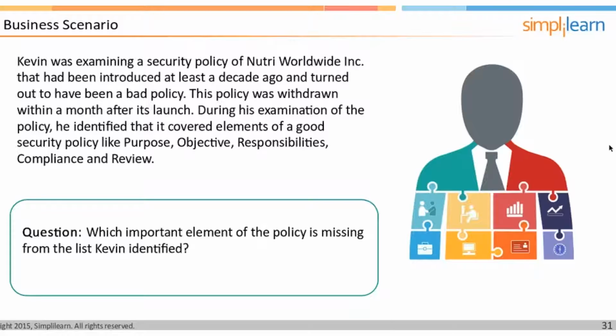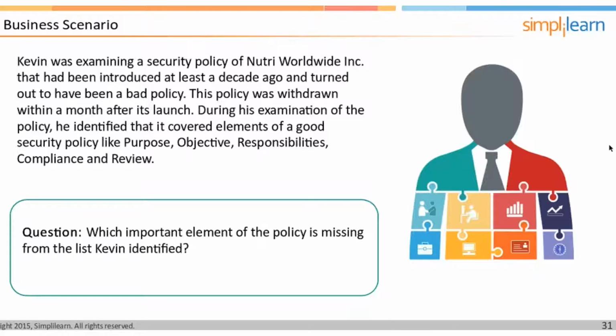Kevin was examining a security policy of Nutri Worldwide that had been introduced at least a decade ago and turned out to have been a bad policy. This policy was withdrawn within a month after its launch. During his examination of the policy, he identified that it covered elements of a good security policy like purpose, objective, responsibility, compliance, and review.